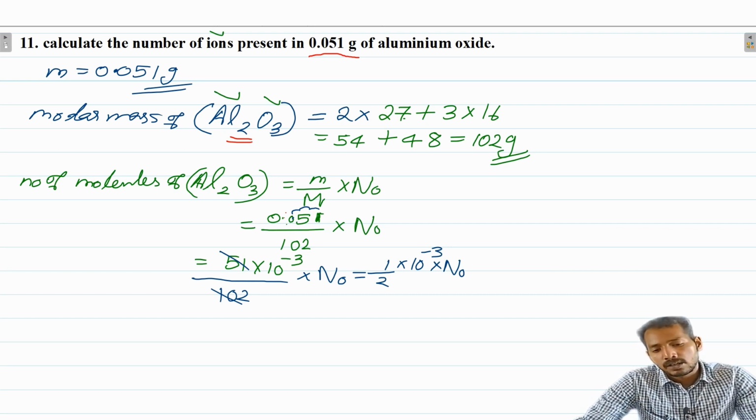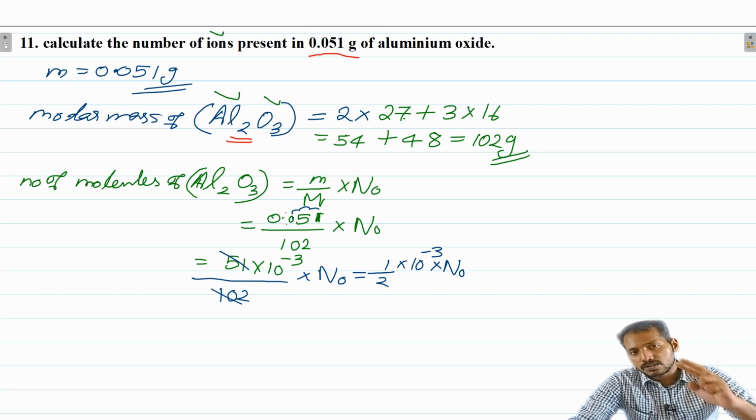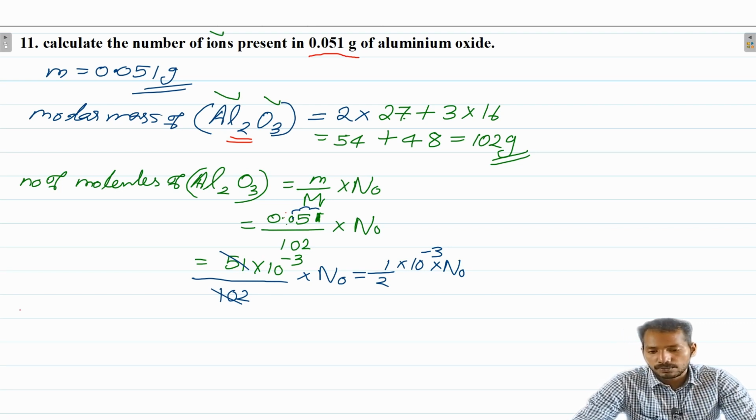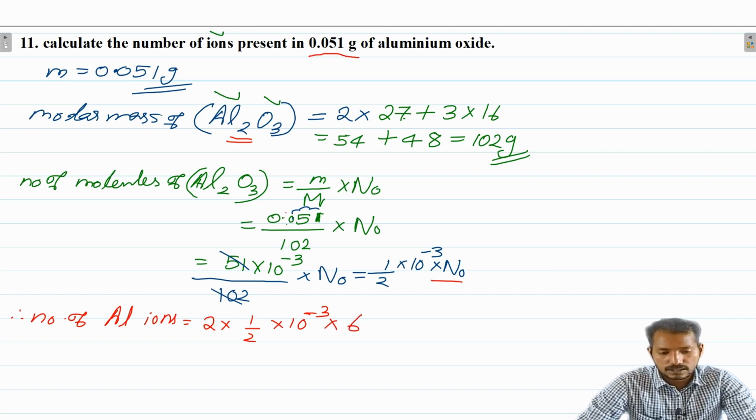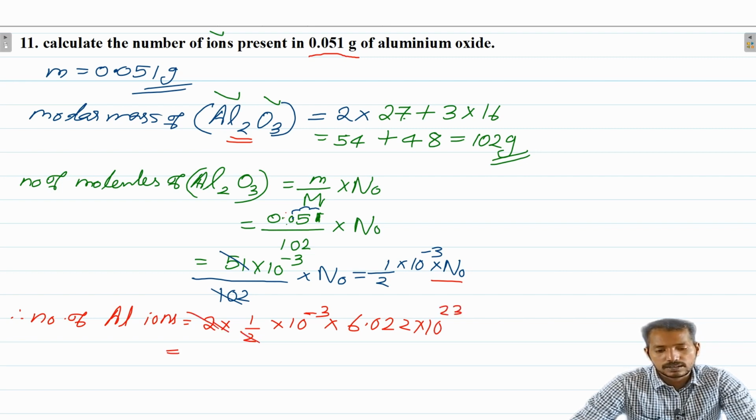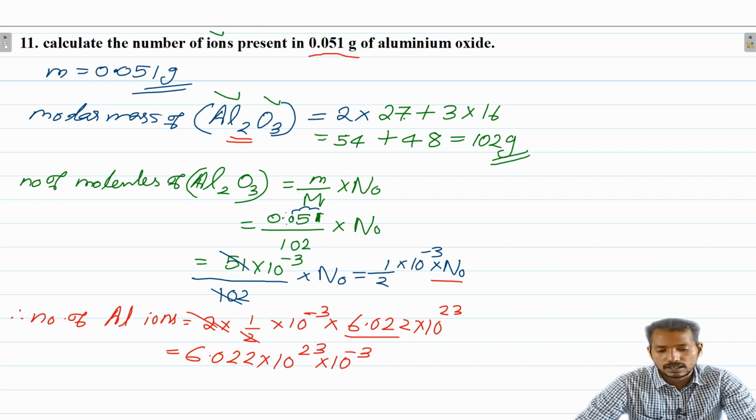So number of aluminium ions is equal to 2 into 1 by 2 into 10 raised to minus 3 into N0, and now we substitute the value of N0, that is 6.022 into 10 raised to 23. 2 into 1 by 2 cancel, so we get 6.022 into 10 raised to 23 into 10 raised to minus 3, which is equal to 6.022 into 10 raised to 20.